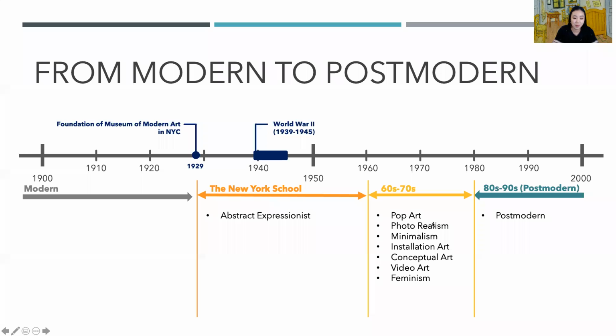And today we are going to see photorealism, minimalism, installation art, conceptual art, video art, and feminism in 60s and 70s. And then we are going to see a brief postmodernism art today.